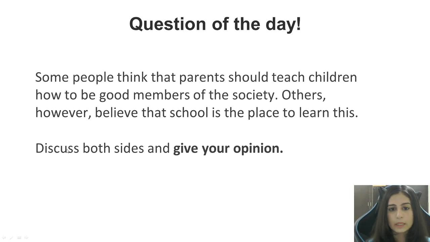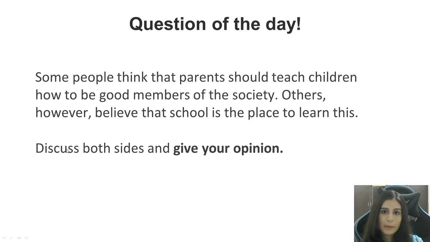I'll reread the question. Some people think that parents should teach children how to be good members of the society. This is one perspective. A certain section of the society thinks that parents should be held responsible. That is group A. Group B thinks that school is the place to learn this and become good members.